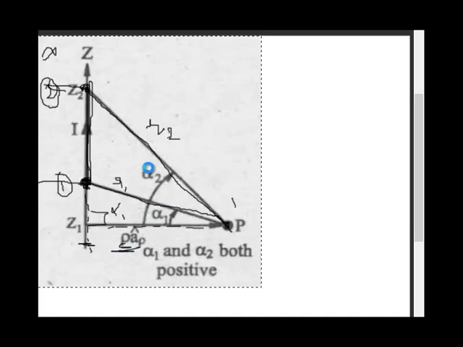So alpha 1, alpha 2 are the angles of R1 and R2 with rho. Rho is nothing but the perpendicular line from point P on this Z axis. So in this case, where we are considering the current carrying finite filament from this first point to second point, we have to consider both the angles alpha 1 and alpha 2, because depending on these two angles the value of H will vary.